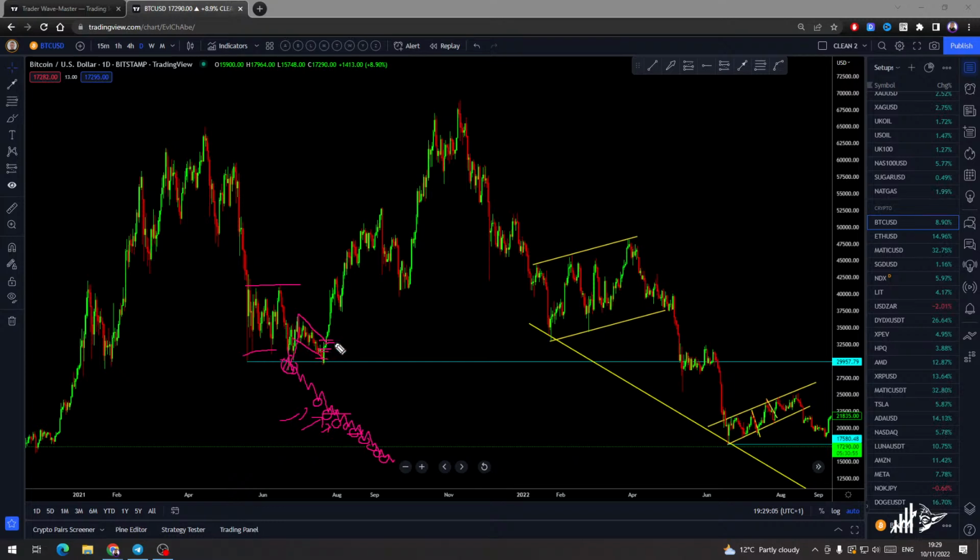Look at that one. You get almost the same entry point, the same risk to reward ratio, the same profit, everything. What is the difference? The guy who is trying to catch the trade from the low will lose his account. 99% chance that he will lose the account if he is focused on grabbing that low.